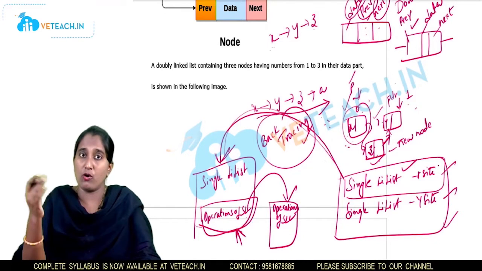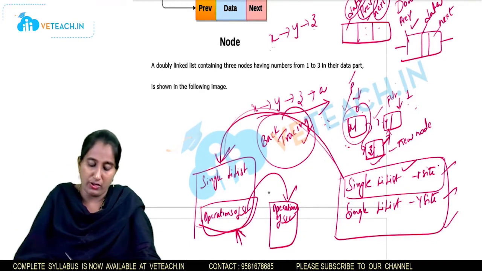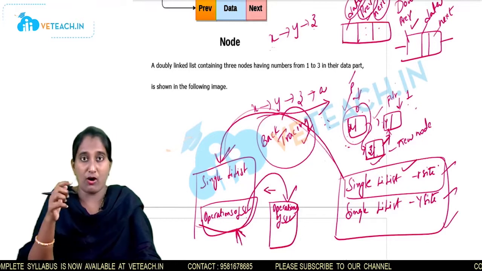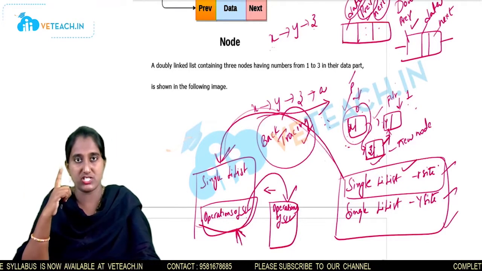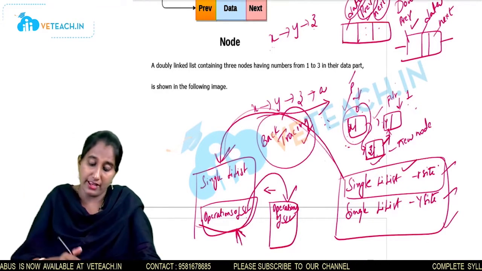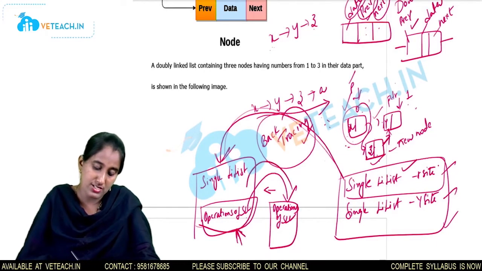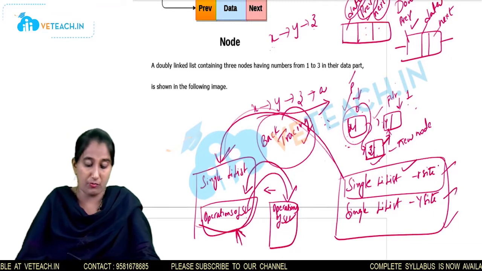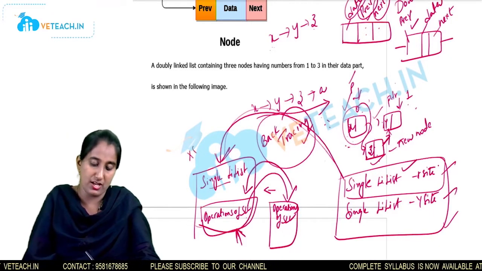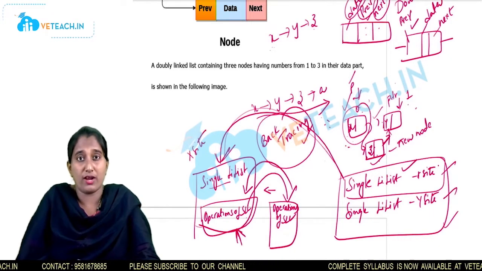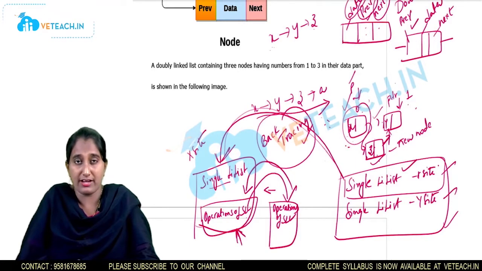Now I want to go back. What do you do? You click on the back button displayed on the browser. Then you will reach the previous page, which is the X site page, isn't it? So this is what we do daily in our daily life.